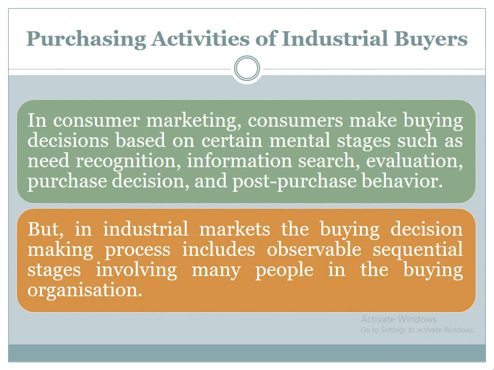But in industrial markets, it is not true. They are not following the exact 5 steps. The buying decision making process includes observable sequential stages involving many people in the organization. Understanding these steps or phases is helpful to an industrial marketer to develop an appropriate selling strategy.